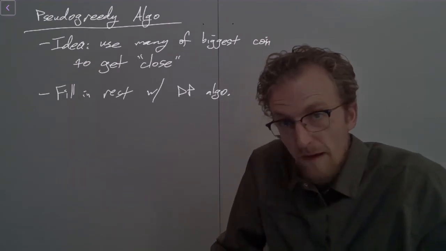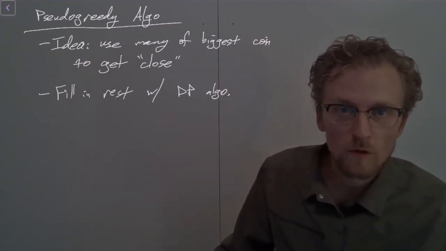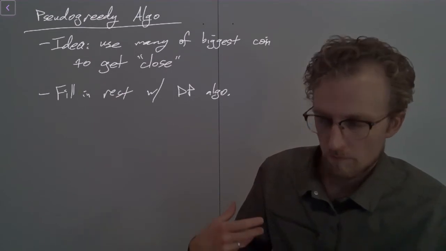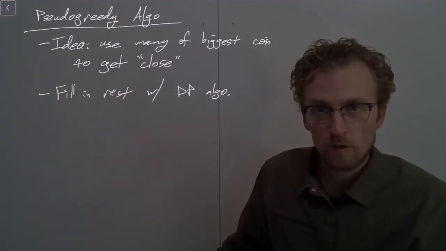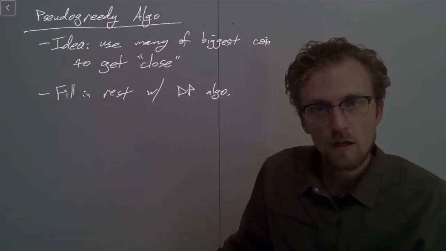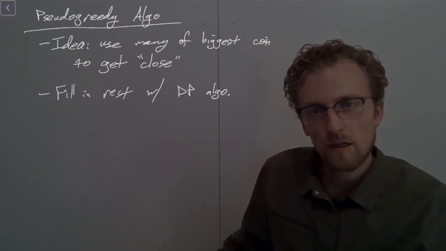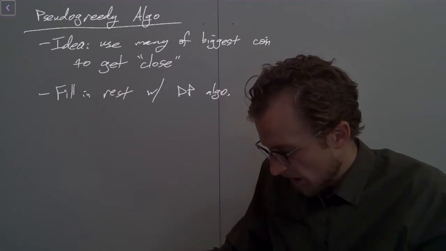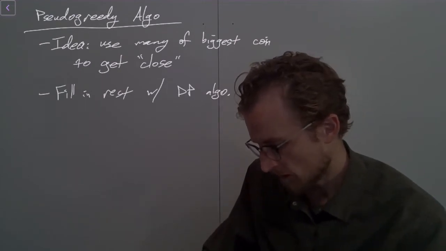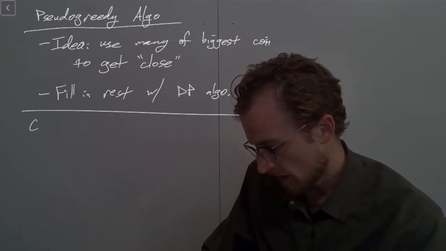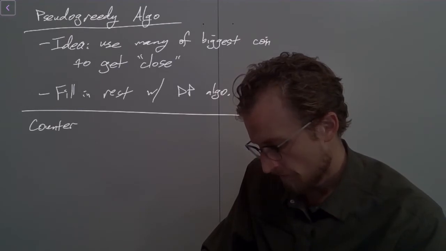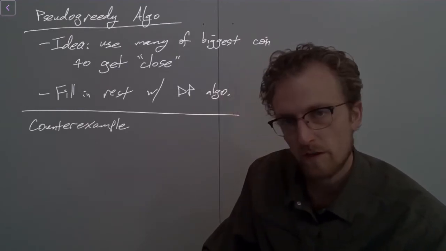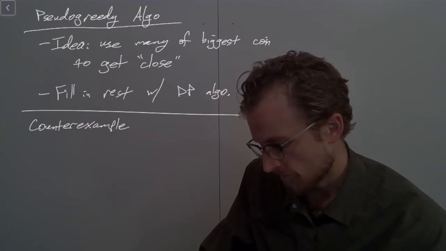It's a fast algorithm. You can throw a whole bunch of coins down quickly and get close. But it's not an algorithm that is guaranteed to get you the optimal change. And so here's my favorite example for this. Here's my counterexample to the idea that this algorithm gives us optimal change.